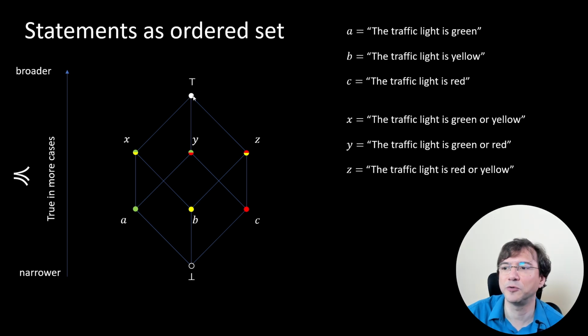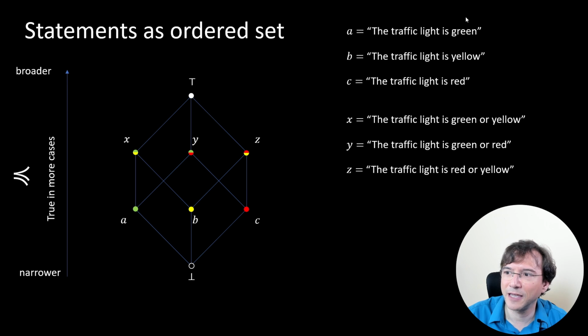So a certainty could be the traffic light is green or yellow or red. It's always one of those three. Or the impossibility could be the traffic light is green and yellow. That cannot happen. Sorry, so that statement is impossible. Okay, so this represents all the possible statements that we are going to have. The statement where something is impossible, so the statement that is always false.